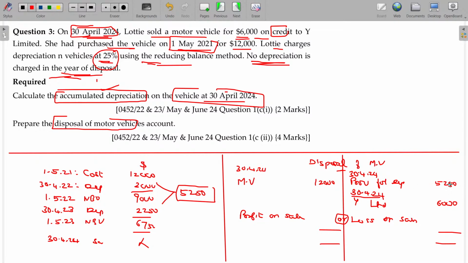Now try to find out the difference between debit side and credit side, and it may be profit or loss. 12,000, 12,000, and here the value being 750. Loss on sale of asset being 750. This is the balancing figure. Is that clear? For this calculation, you get 2 marks. For this preparation, you get 4 marks.